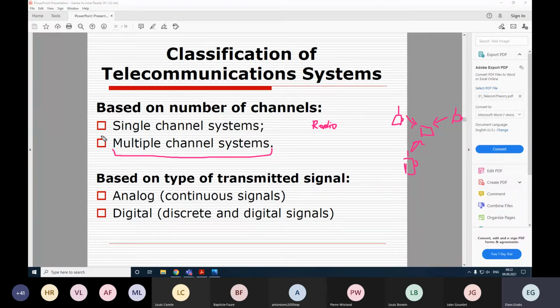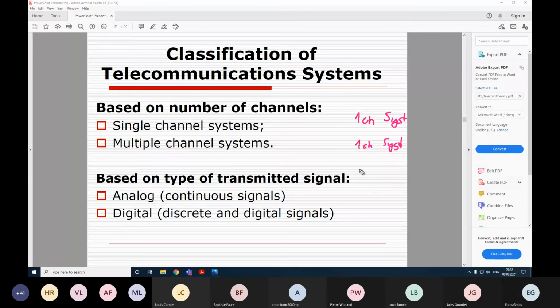We'll talk in this course about single channel systems, but it's important to understand that it's actually not that hard. So we have one channel system, we have another one channel system, another one channel system. It's not that hard to actually make a multi-channel system.